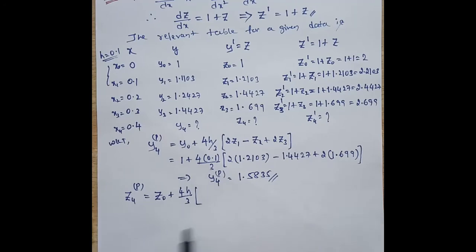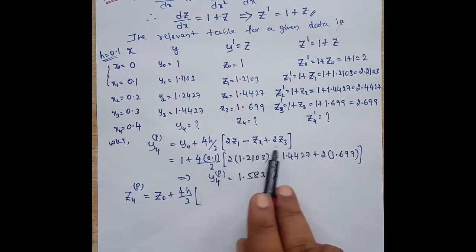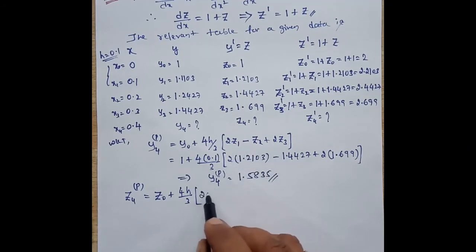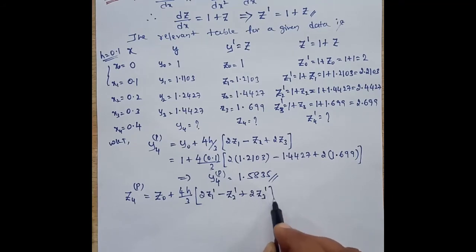While writing a predictor formula for Z, you can just put dashes for these things. I can write this as 2Z1 dash minus Z2 dash plus 2Z3 dash. So this is the predictor formula for Z.